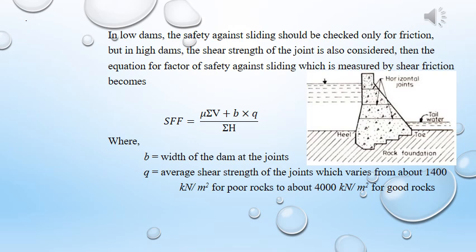This SFF is the ratio of mu times summation of V plus B times q, upon summation of H, where B is the width of the dam at the levels or at the joints, and q is the shear strength of the joint, which varies from 1400 kilonewton per meter square to 4000 kilonewton per meter square. So, 1400 kilonewton per meter square is for poor rocks, and 4000 kilonewton per meter square is for good rocks.